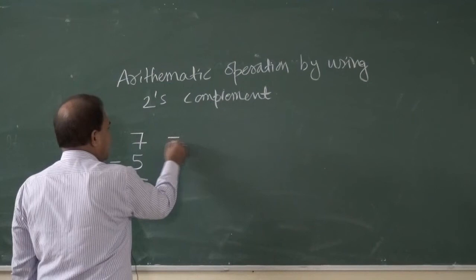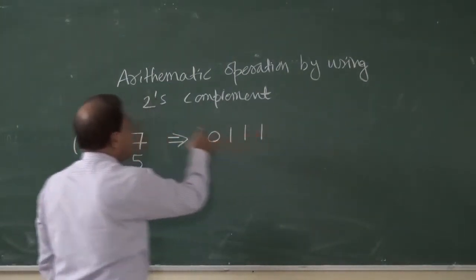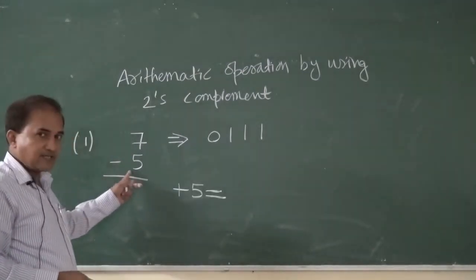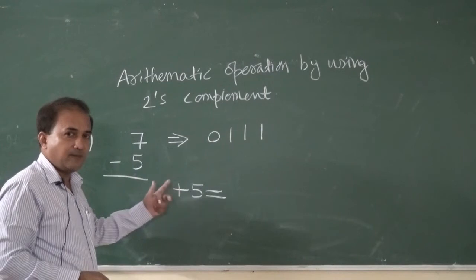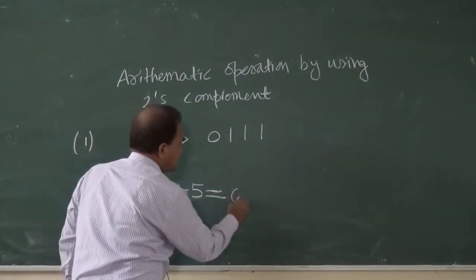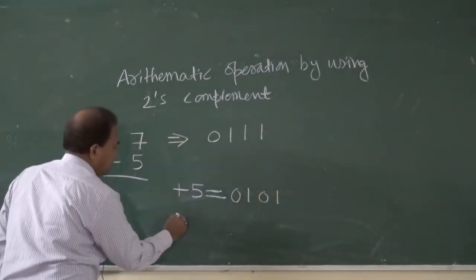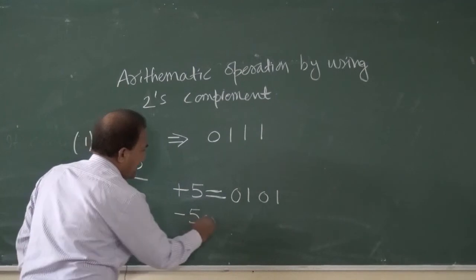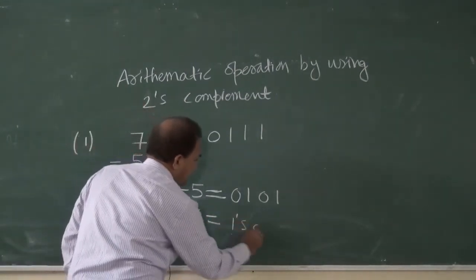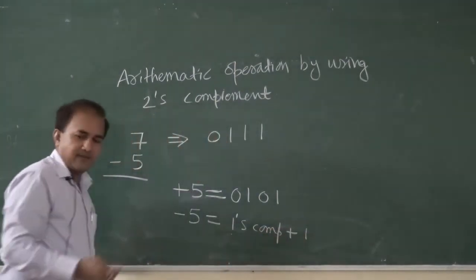So you are representing 7 like this, 0 1 1 1, in 2's complement form. In order to represent minus 5, first you have to represent plus 5 in 2's complement. So it is equal to 0 1 0 1. So minus 5 in 2's complement will be equal to 1's complement plus 1 to the LSB.